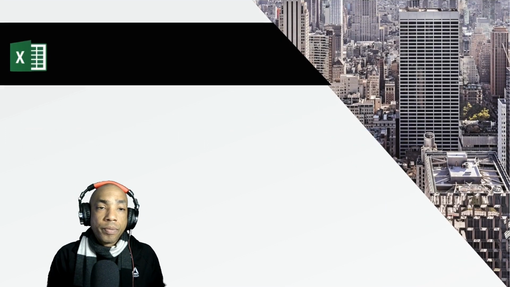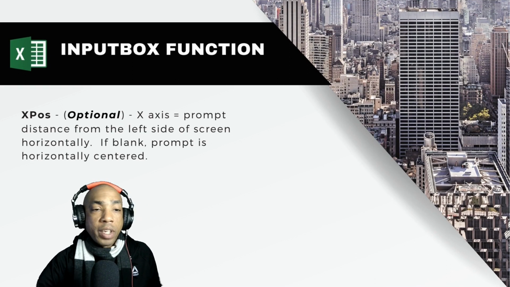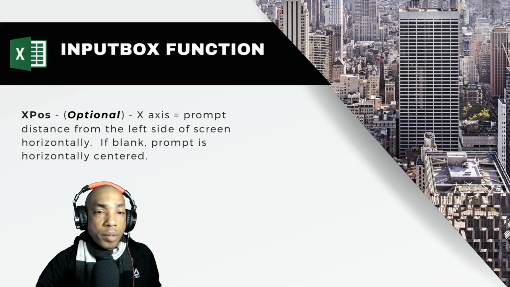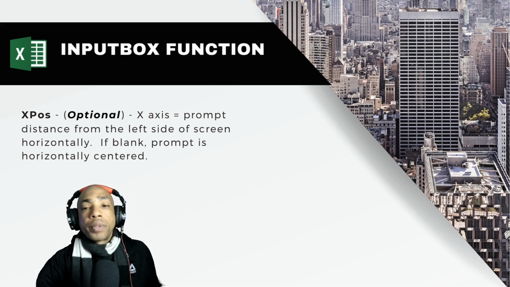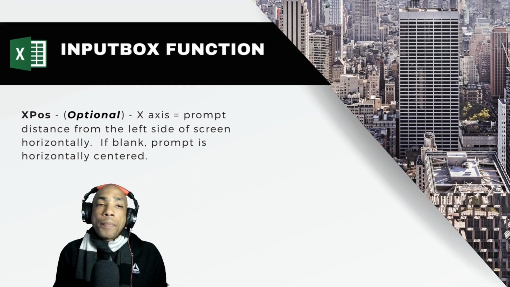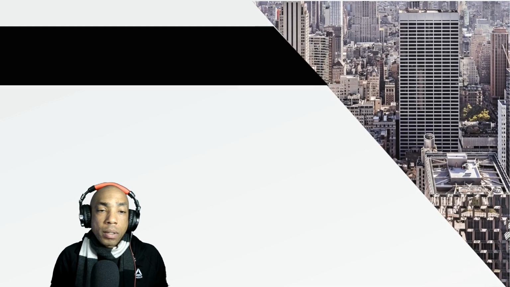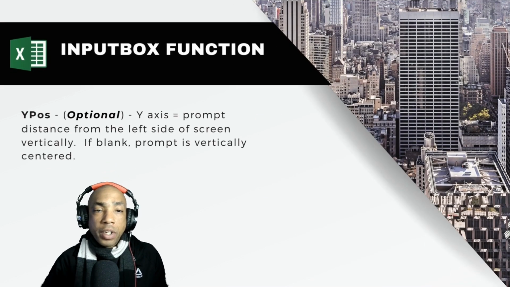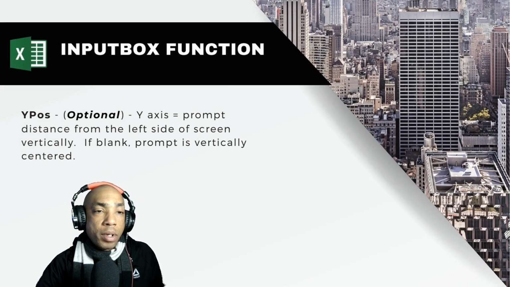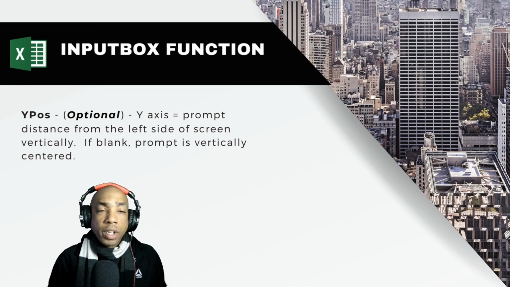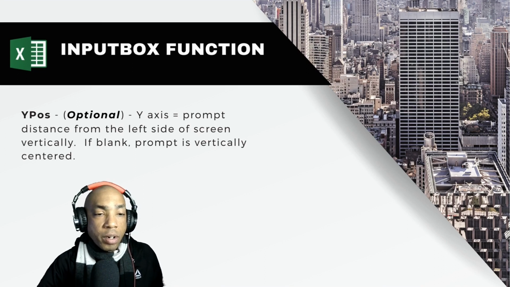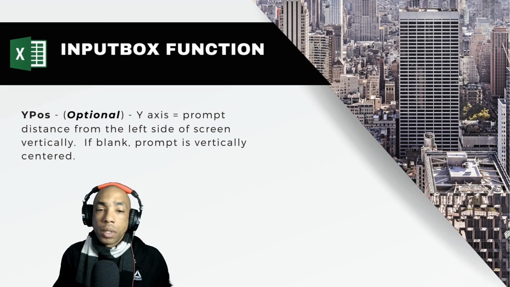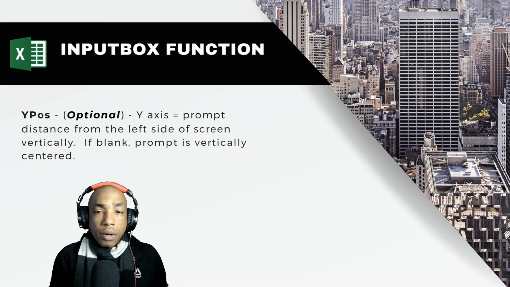Now we have the X position, which is optional, and it's the x-axis prompt distance from the left side of the screen horizontally. If blank, the prompt is horizontally centered. Now the Y position is the y-axis prompt distance from the top of the screen vertically. If blank, the prompt is vertically centered.